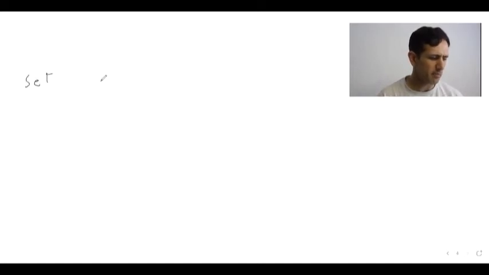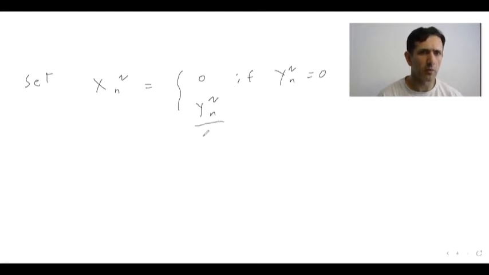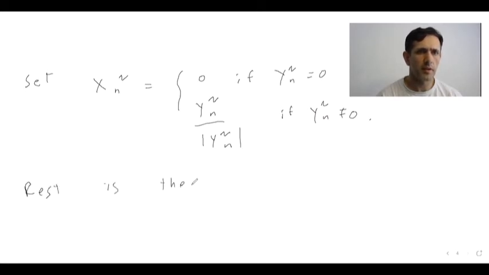You set x^(N) to be 0 if y^(N) is 0, and otherwise you much more simply set it to be y_n over modulus y_n, otherwise, if this is not 0, and the rest is the same.